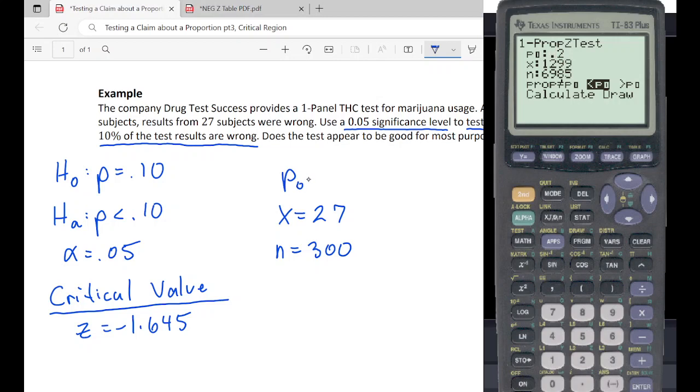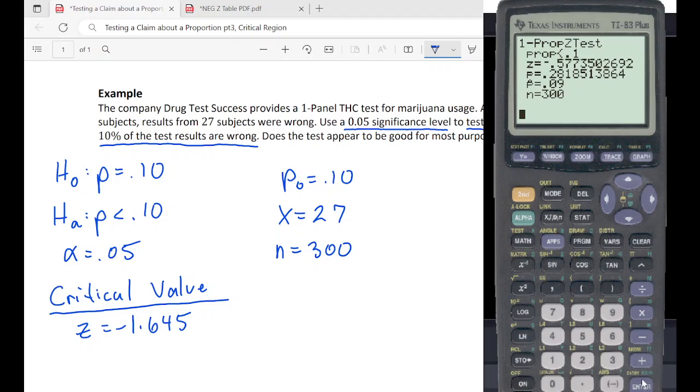So p naught is going to equal 0.10. So 0.10, x is going to be 27, n is going to be 300. And then our alternative hypothesis was less than, so we make sure we select less than. And then we go down to calculate.